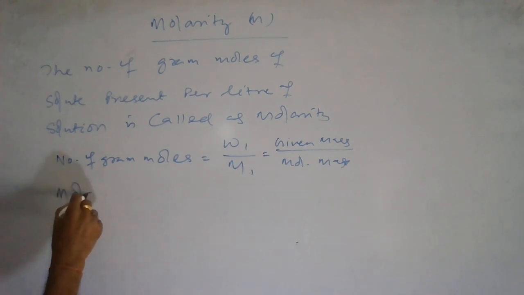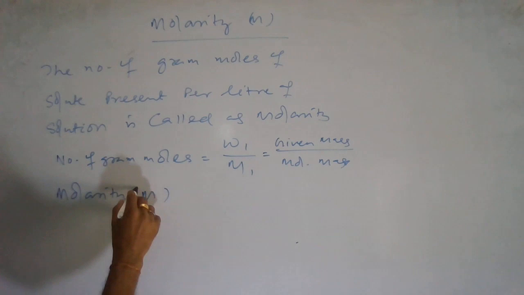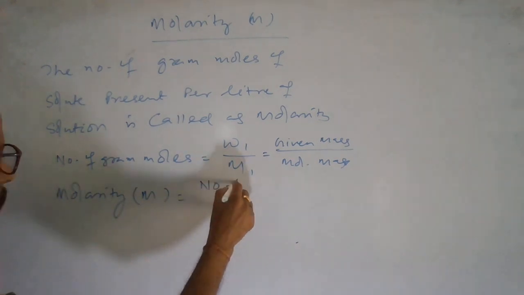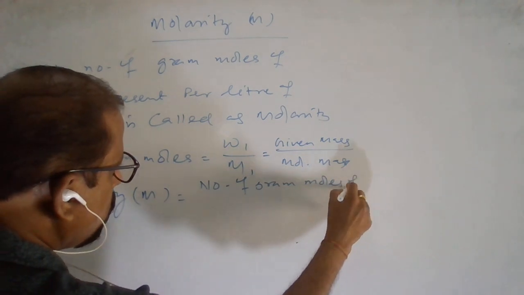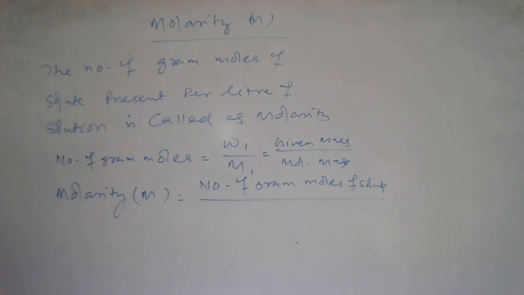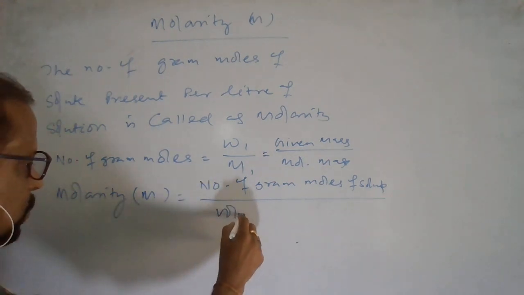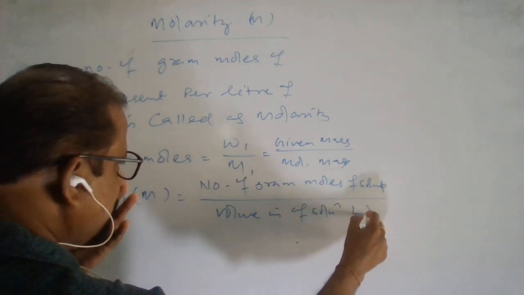Then the molarity, the capital M, as per the definition, is the number of gram moles of solute divided by the volume of the solution in liter.